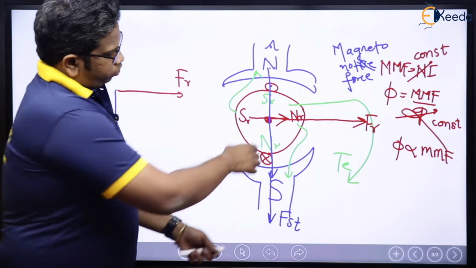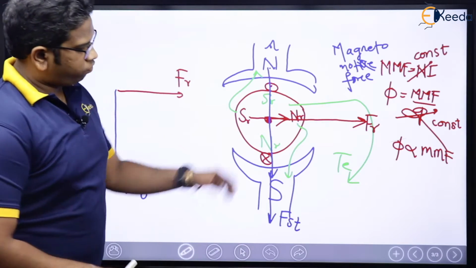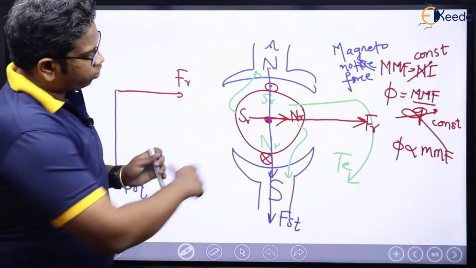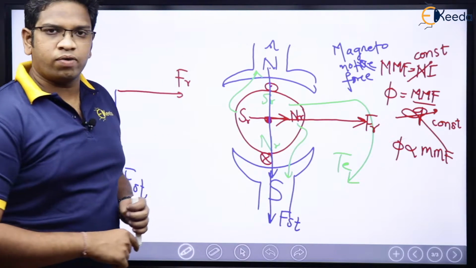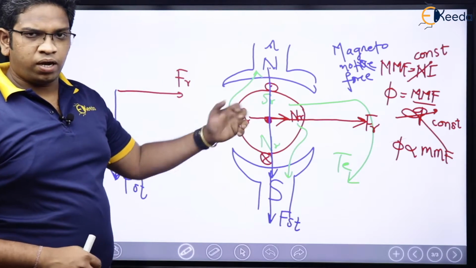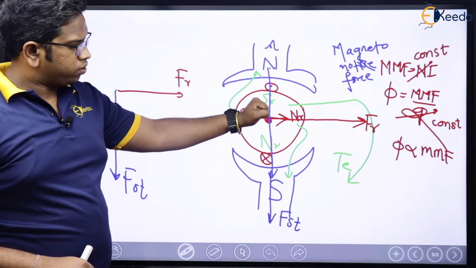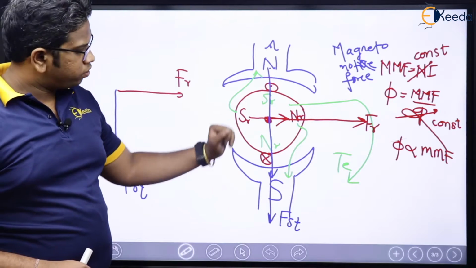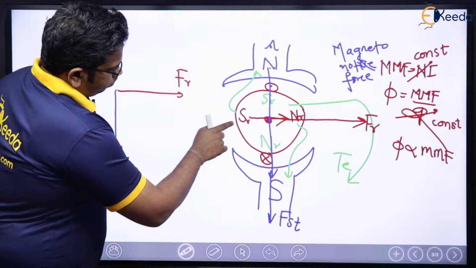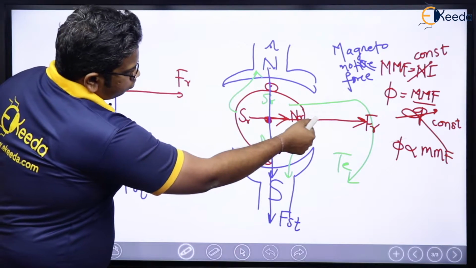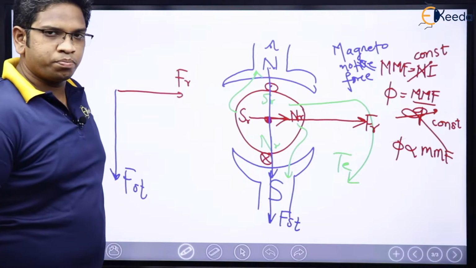For this particular position of the rotor, means I was holding the rotor like this, torque was there in clockwise direction, then I was holding the rotor here, right? Then I release the rotor. What happened? South, which was here, it actually went here, north came down.